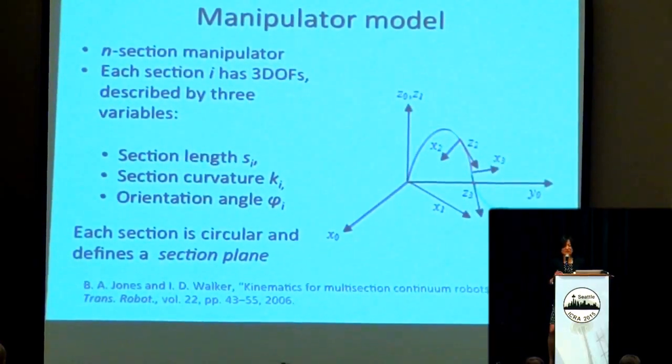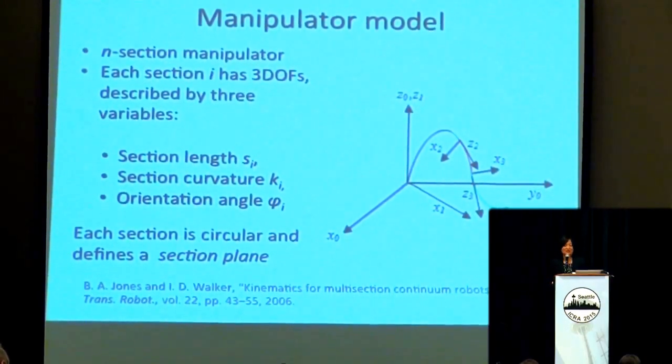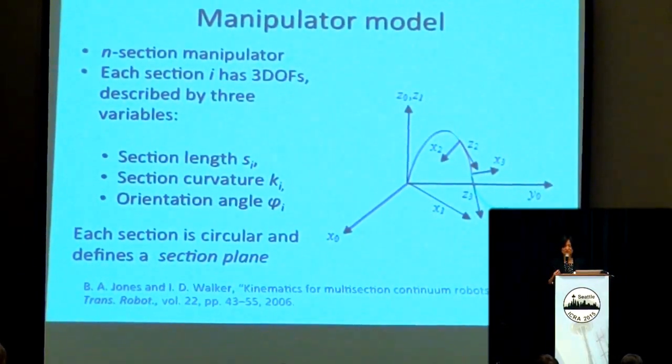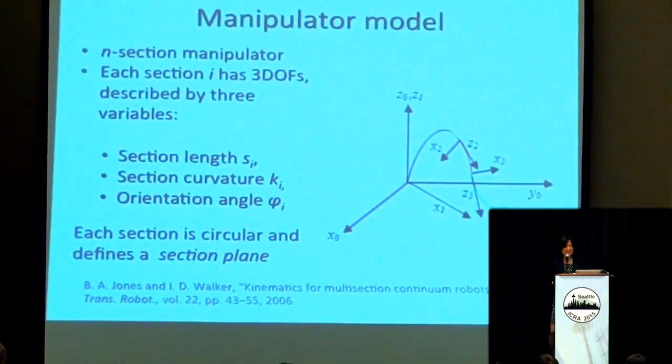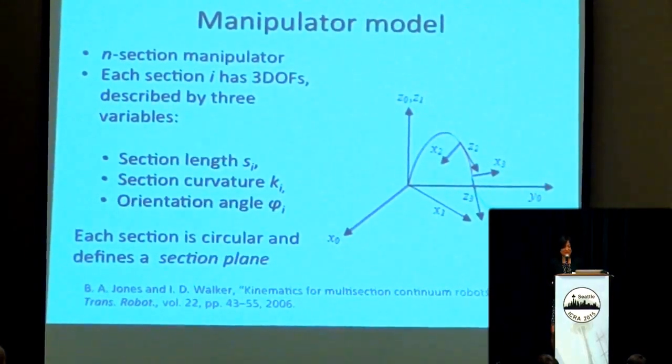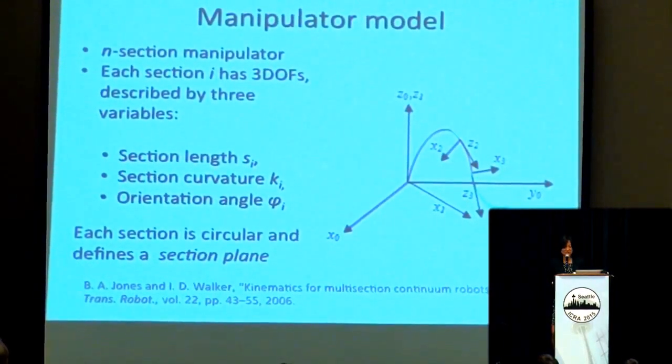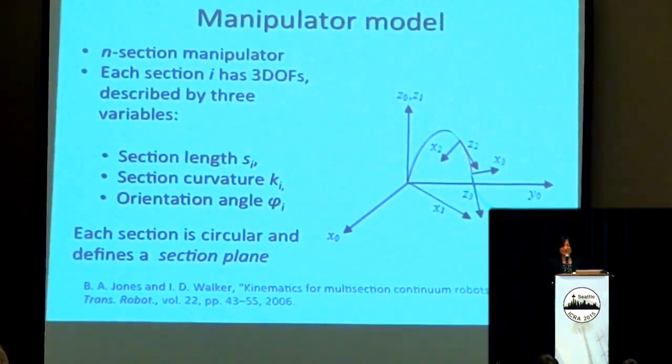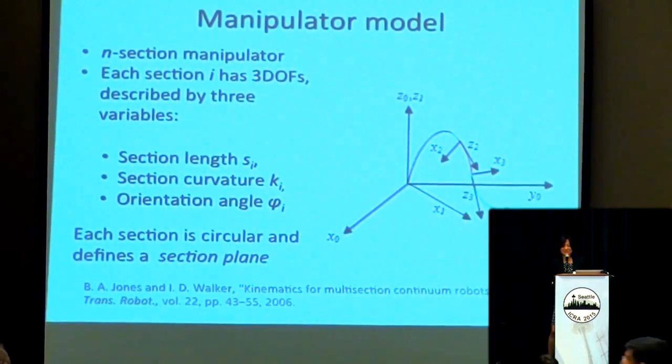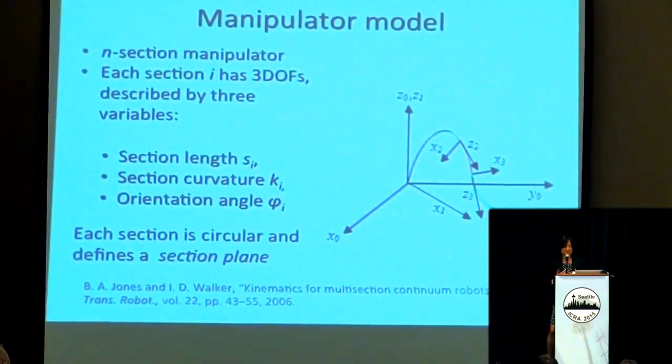So we consider a manipulator model of an N-section manipulator to capture all these common characteristics. Each section has 3 degrees of freedom described by 3 variables: section length, section curvature, and orientation angle. Each of these variables may change values. Each section, as I mentioned, is circular if it's intact and defines a section plane.